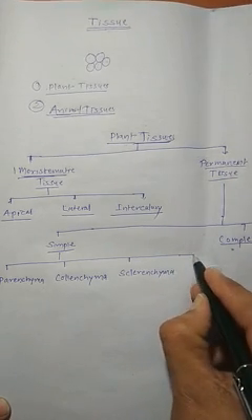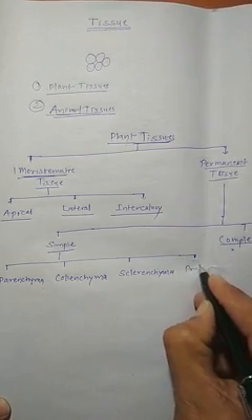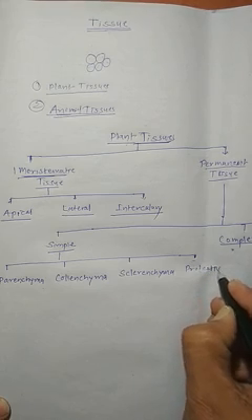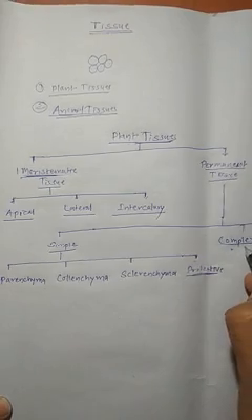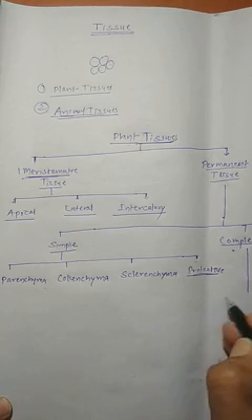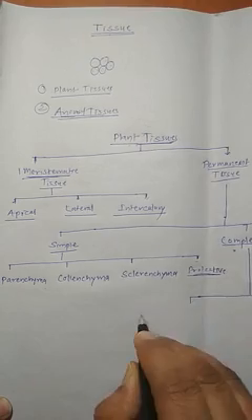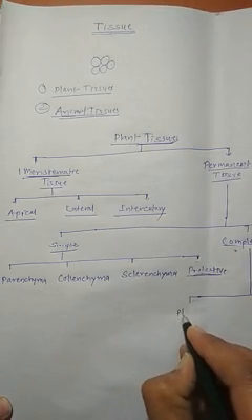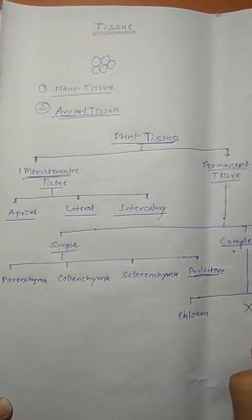And the fourth, protective. Complex tissue is also subdivided into two parts: phloem and xylem.